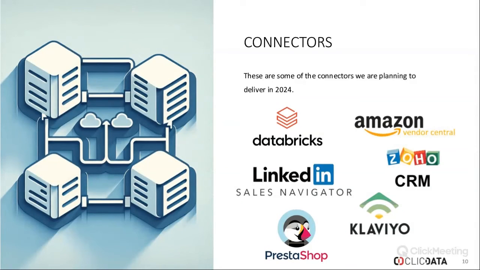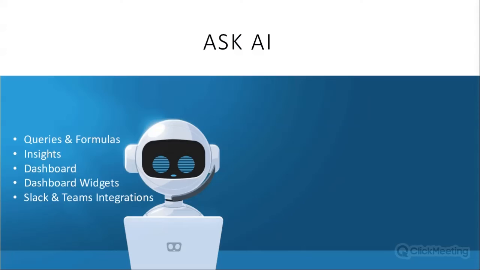But on the connector side, these are the connectors we were working on: Databricks, Amazon Vendor Central still, Zoho CRM, we're going to finish that off for this release coming up, LinkedIn Sales Navigator, Klaviyo, and PrestaShop. This is our target. We can always replace one with the other based on priorities, based on other things that happen, either with these data suppliers or with customers that want to do something else.